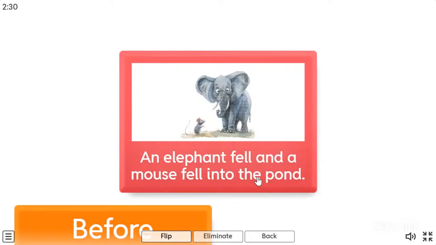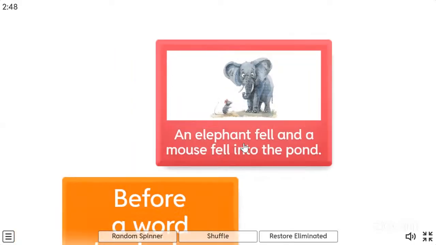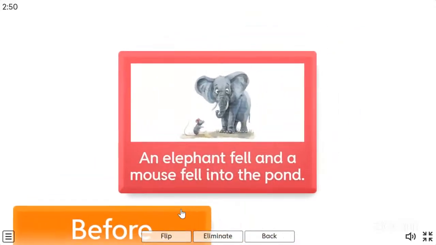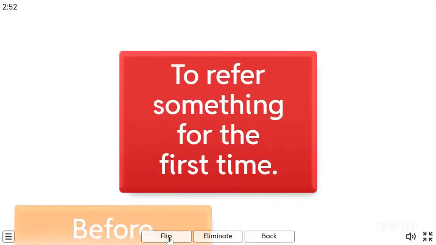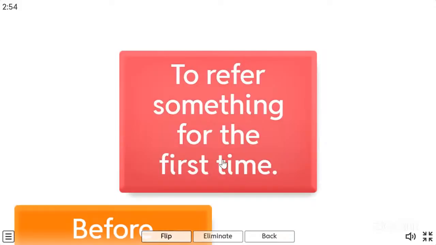Elephant is beginning with a vowel letter, also having a vowel sound. Mouse has the sound of letter M, a consonant sound. So that is the reason we are using article a over here. Before elephant, we use article an. We are referring for the first time. We haven't said anything about it before. To refer to something for the first time.